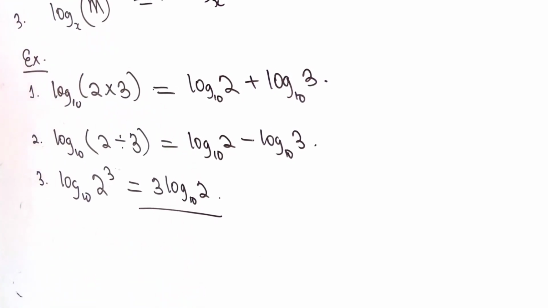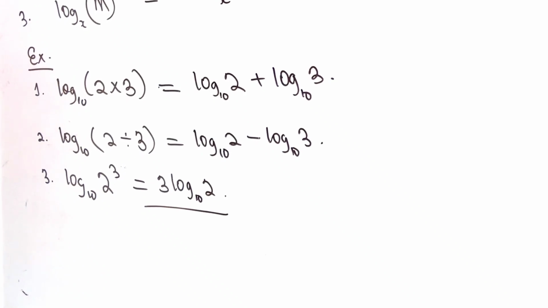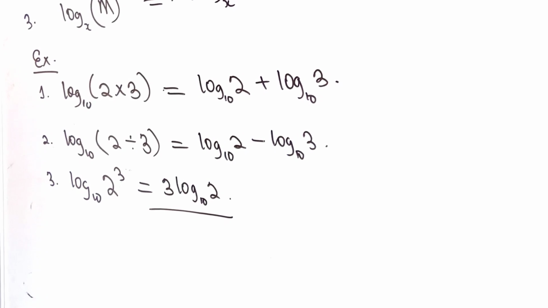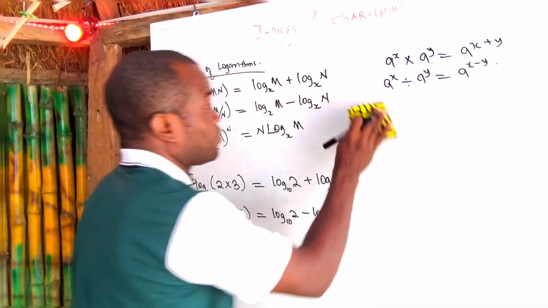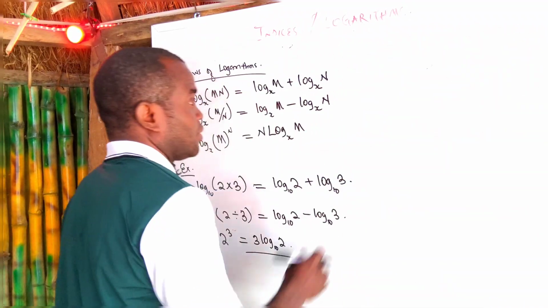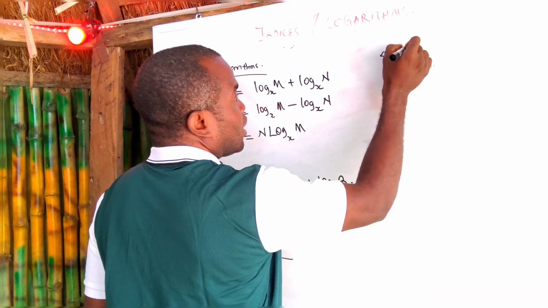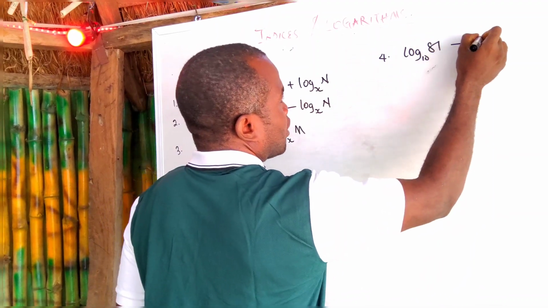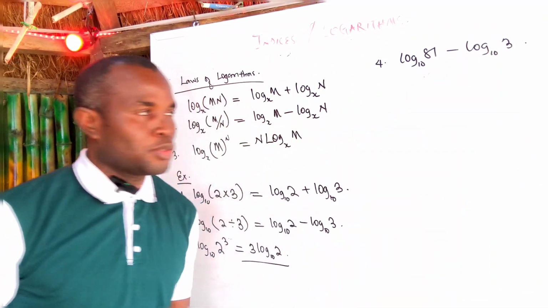But let's take some complex examples. Let's say you have log base 10 of 81 minus log base 10 of 3, and you're being asked to solve this.